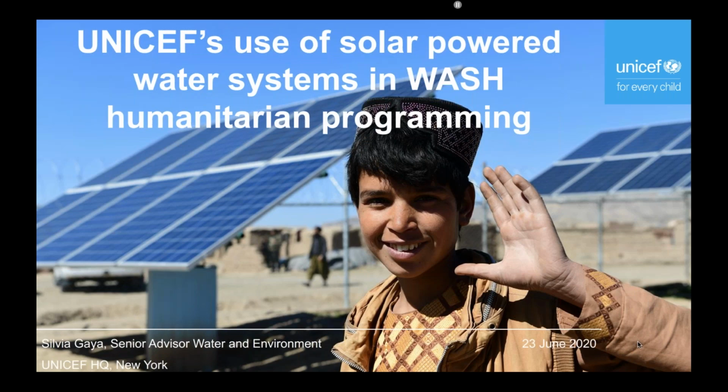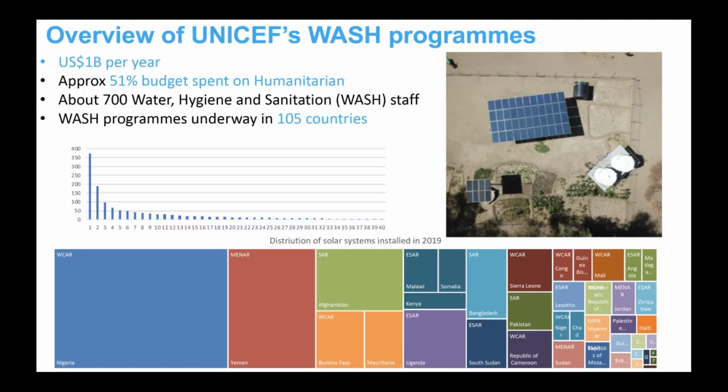If you go to the next slide, you will see that UNICEF normally spends around $1 billion US per year, and half of it is expenditure that relates to humanitarian assistance. We work in more than 100 countries, and we have almost 800 water, sanitation and hygiene staff over all these countries.